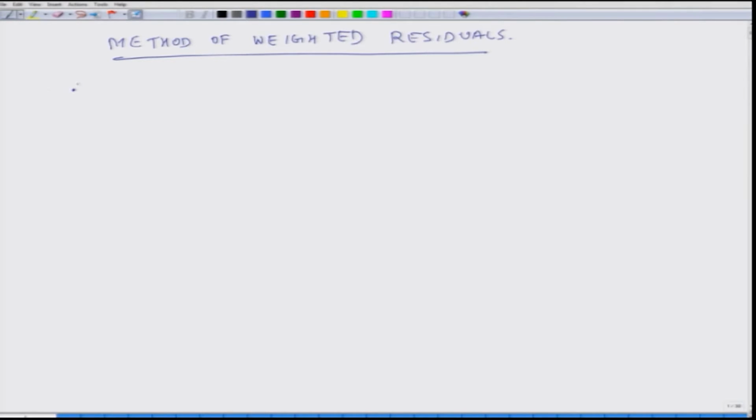So, the first thing is that we integrate the weighted error over domain and equate it to 0.